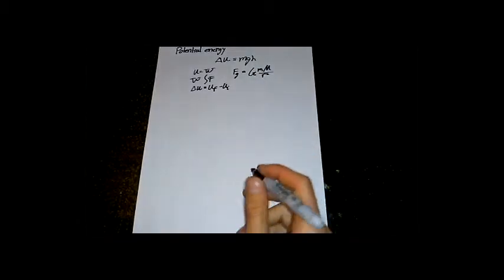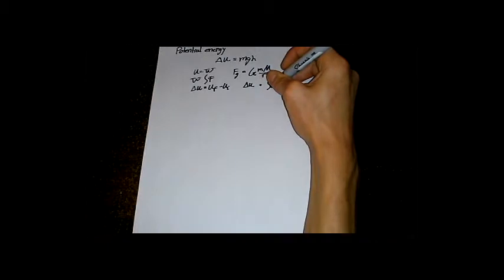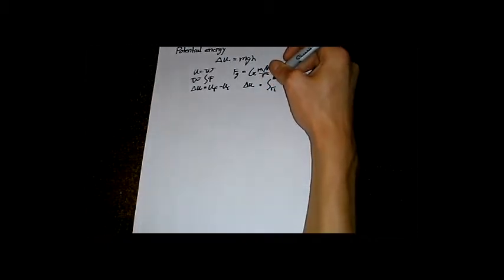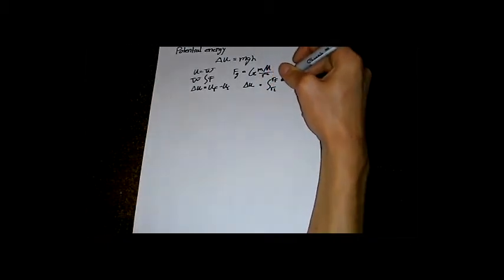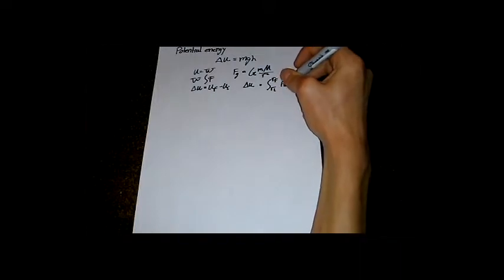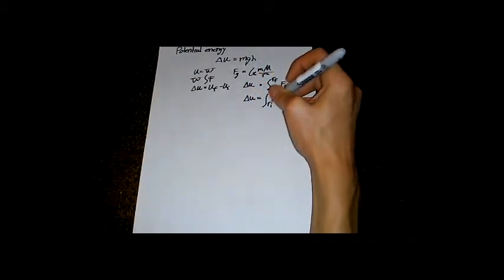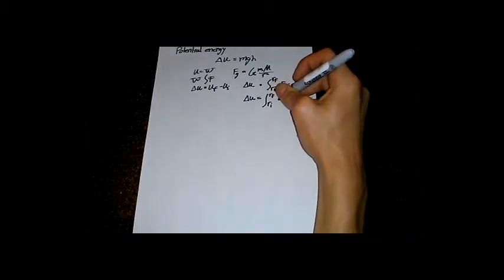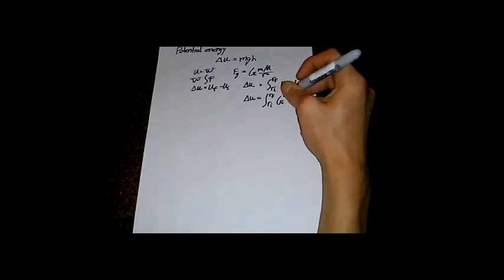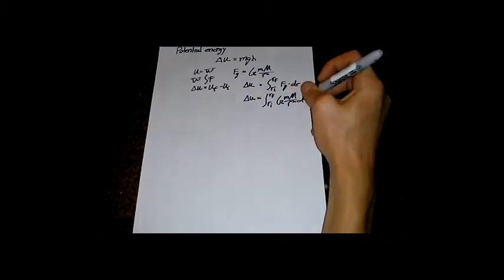So when we apply that to the integral, we get delta U is equal to the integral from r initial to r final of Fg dr. So we plug in the law of gravitation here, and we get delta U is equal to the integral from r initial to r final of big G, little m, big M over r squared dr.